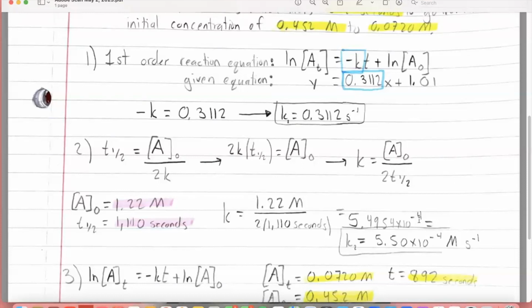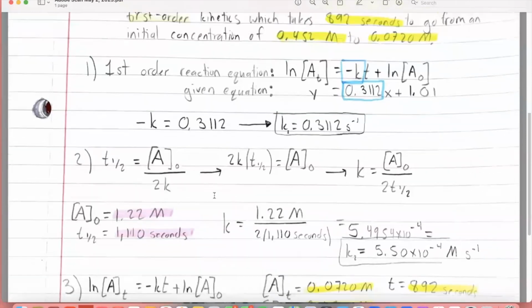Therefore, we will get 5.50 times 10 to the minus 4 molar over seconds. And this is a similar reason as the first one because our k value is the one that is dividing the initial molarity. So molarity divided by molarity will cancel these, and then we want this as 1 over seconds in the bottom to bring it up to become seconds, so therefore our half-life will be in seconds as well.